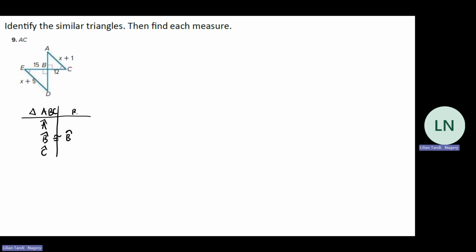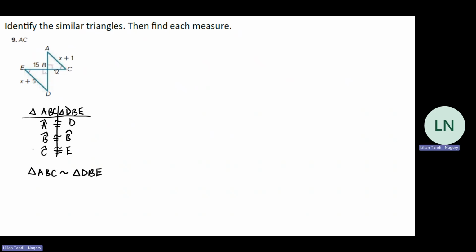So B is in the middle. A will be friends with D, so D will be here. And then C is friends with E. All right. So triangle ABC is similar to triangle DBE.